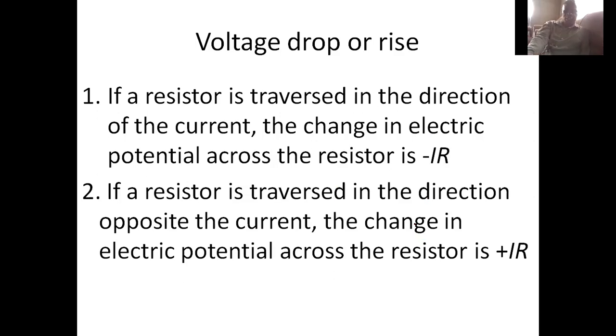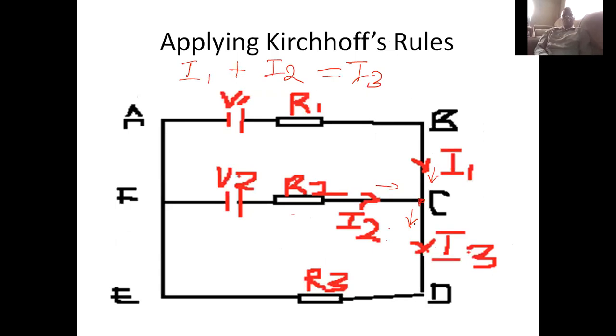In other words, on this one here, this is the negative part of the battery, this is the positive. And since the current is flowing in that direction, we expect it to be the same current from there to there. But when it reaches this point, there is a voltage drop because of the resistor.